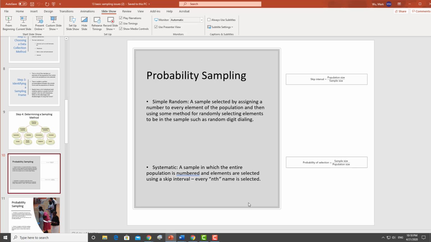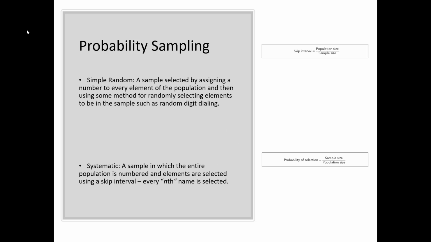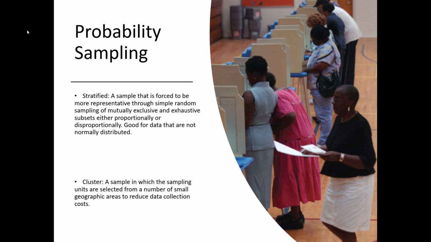Okay, and the third type of probability sampling is stratified, and the fourth type is cluster. These two kinds of probability sampling are very complex. I don't want you to get too much into it.